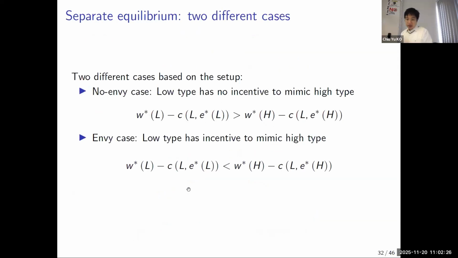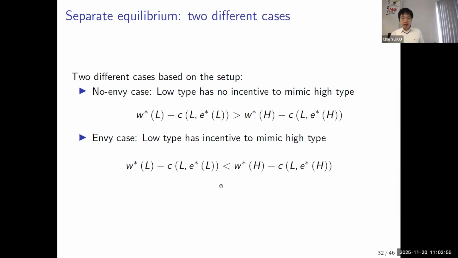Now the next thing I mentioned is the separating equilibrium of two types. One is no NV, one is NV. No NV means that the low type doesn't want to mimic, as we have shown, right? It's like what they're doing in the optimal complete information case, they don't want to pretend to be the high type.